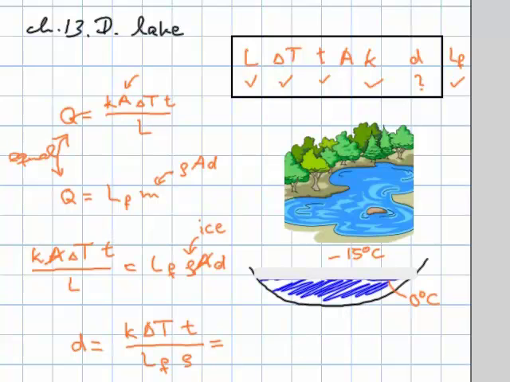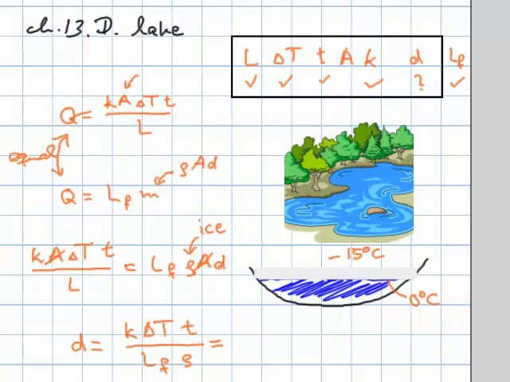When I calculate that, I look up the heat conductivity of ice, which is given as 2.2 joules per second meter Celsius degree, so 2.2, times the temperature difference of 15 Celsius degrees, times the time of 300 seconds, and then divide in parentheses.